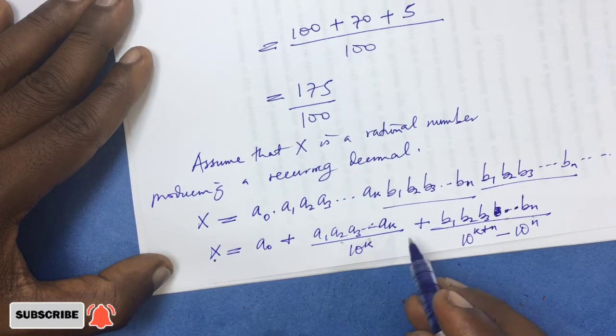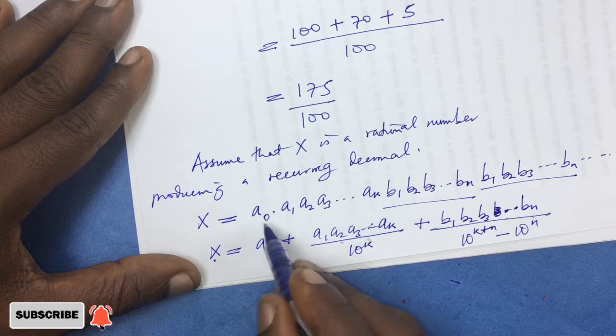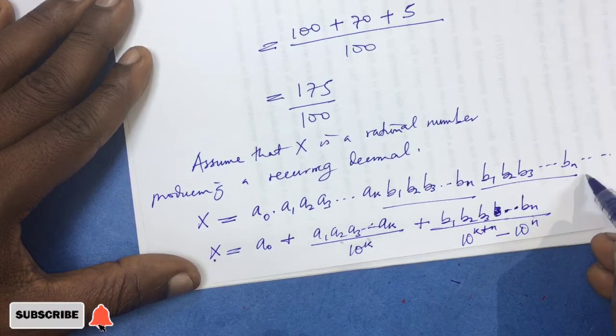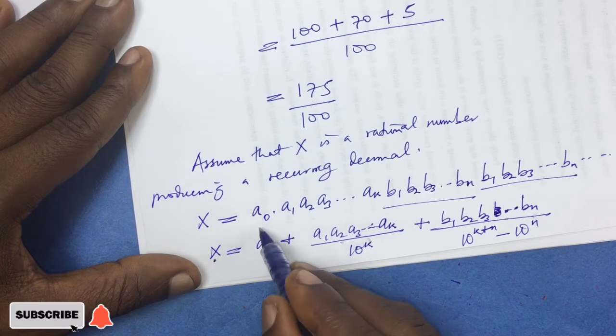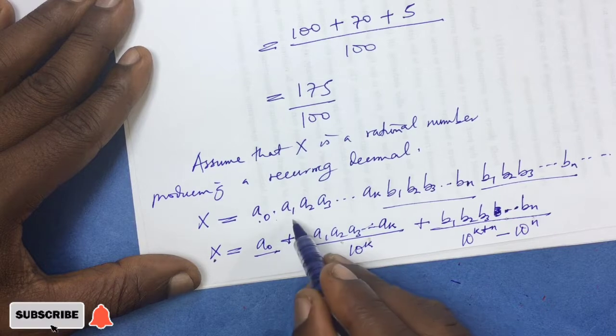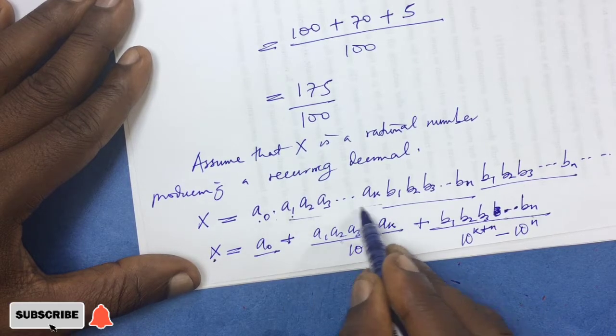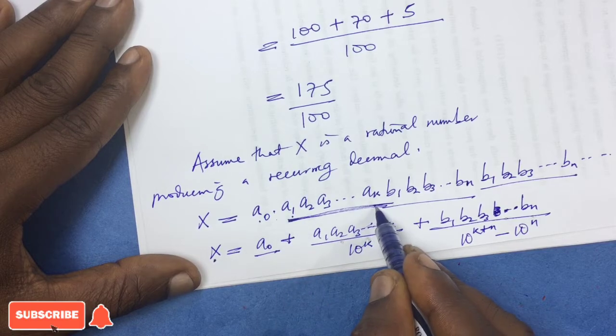So what is actually happening here? You will notice that the first thing you do is to separate it, the decimal. If you want to convert this recurring decimal back to the rational number that gave rise to it, then take the decimal before the point, put it here, plus the fixed block of digits. Notice that A1 to AK is a fixed block of digits.